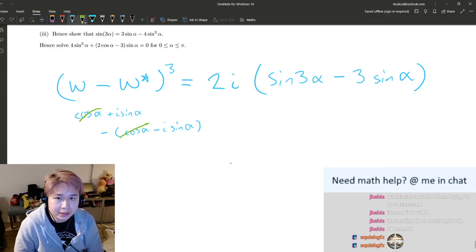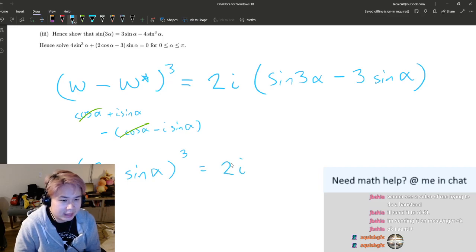So what you're left with is this. 2i sine alpha cubed is equal to, over here, 2i times sine 3 alpha minus 3 sine alpha.